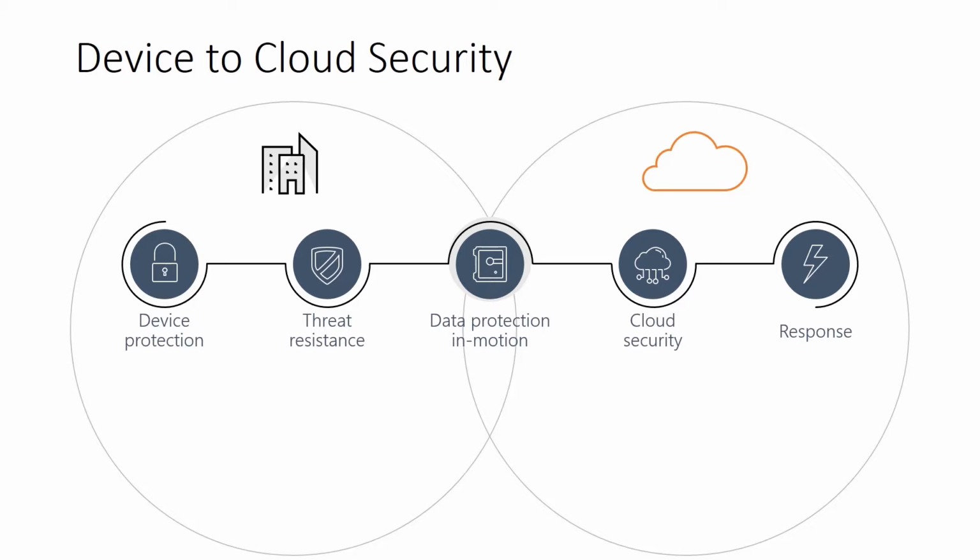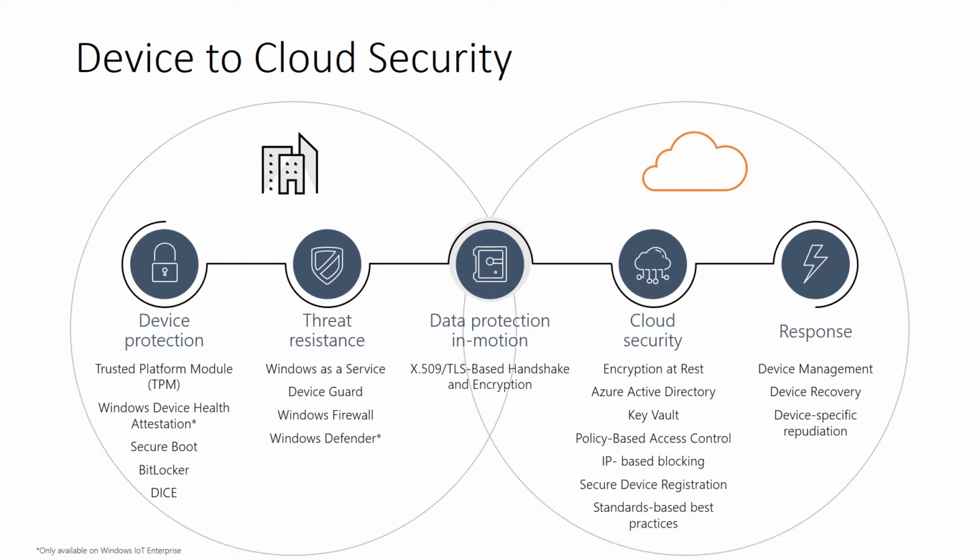When it comes to the device side of things, we can benefit from a full integration of the IoT Hub SDKs and the service itself with the TPM, the Trusted Platform Modules. We can also leverage Secure Boot, BitLocker. We can take advantage of DICE.